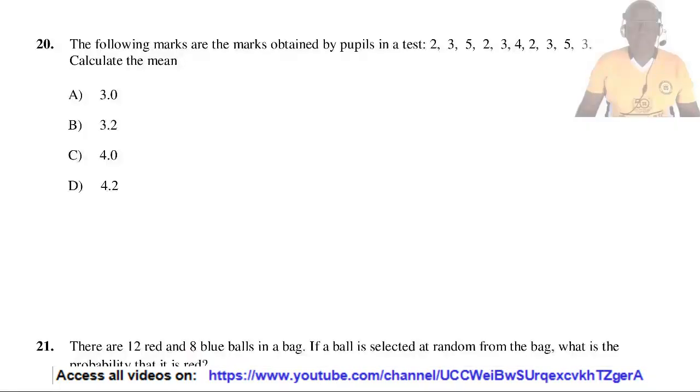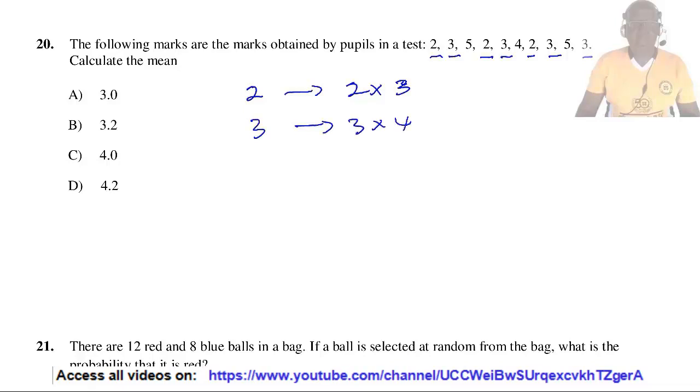Question 20. The following marks were obtained by pupils in a test: 2, 3, 5, 2, 3, 4, 2, 3, 5, 3. Calculate the mean. The 2's are 1, 2, 3, so 2 times 3. The 3's are 1, 2, 3, 4, so 3 times 4.